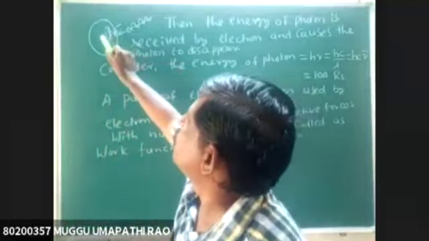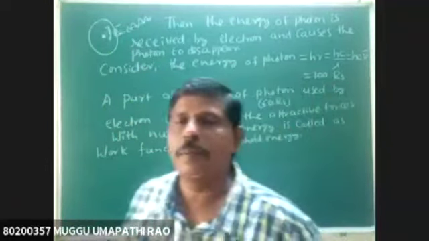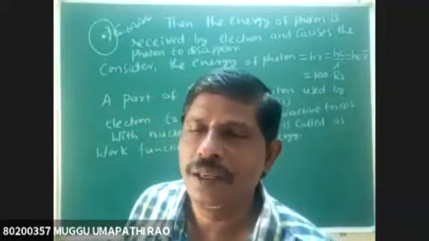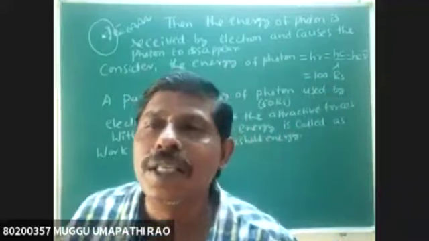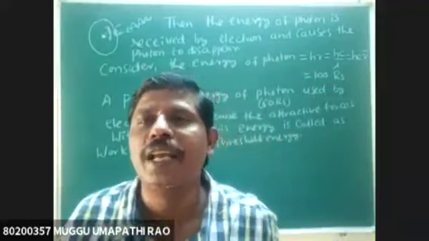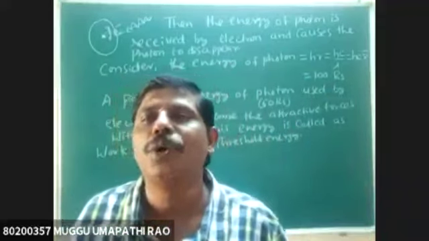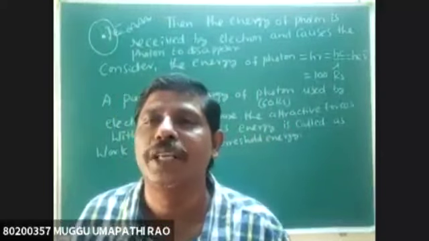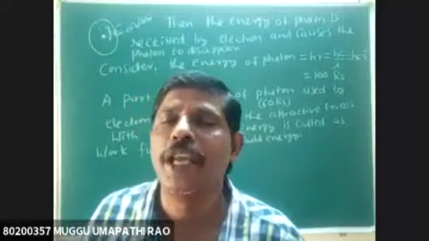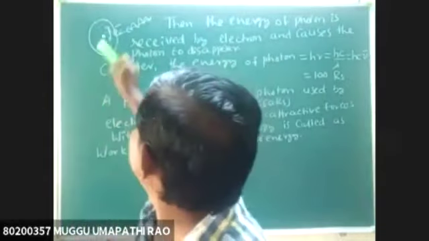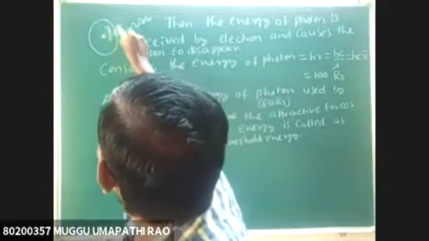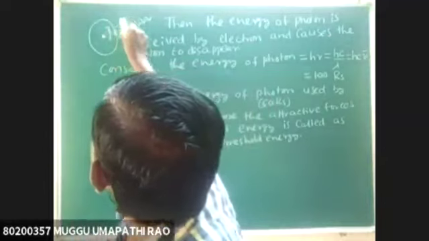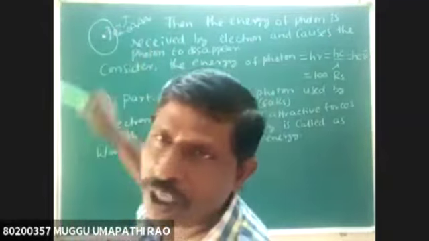That 60 rupees is called work function or threshold energy. The remaining 40 rupees appears as the kinetic energy of the photoelectron. Photoelectrons are nothing but the electrons ejected. So 60 rupees is used here, and the remaining 40 rupees will come outside.